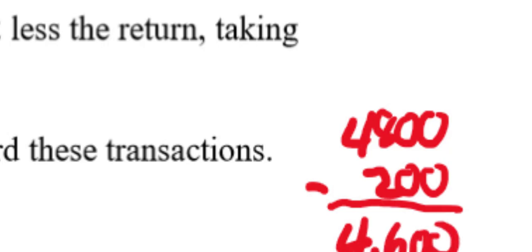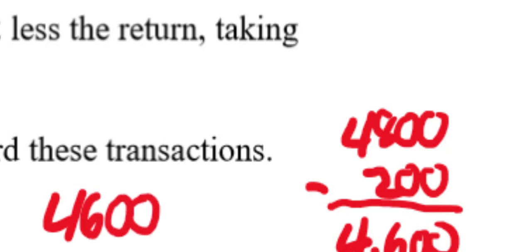We multiply that times the 0.01, which is 1%, and we get a discount of $46. We subtract this from the balance in the account, and we get the amount of cash that we will collect, $4,554.